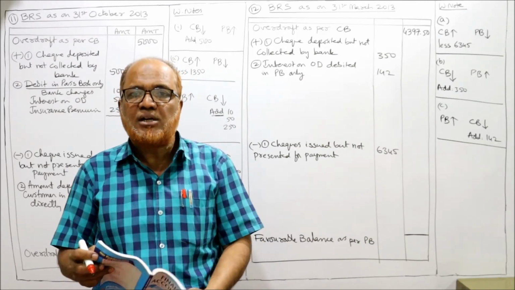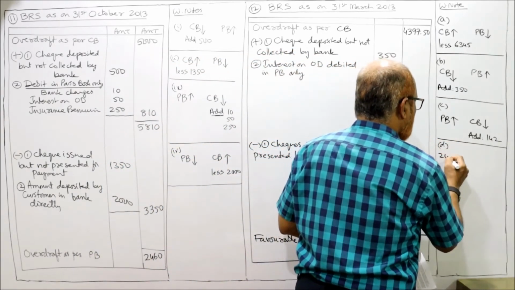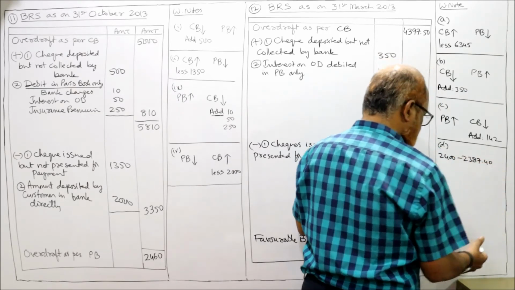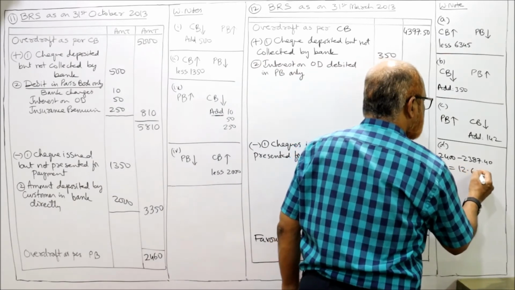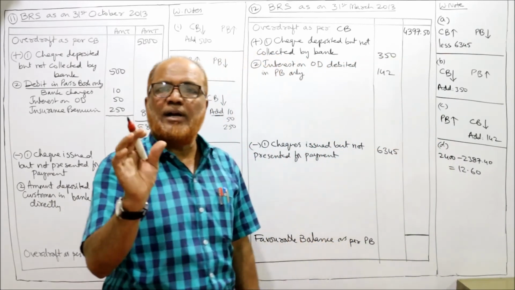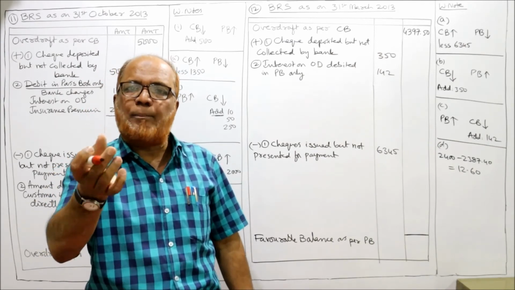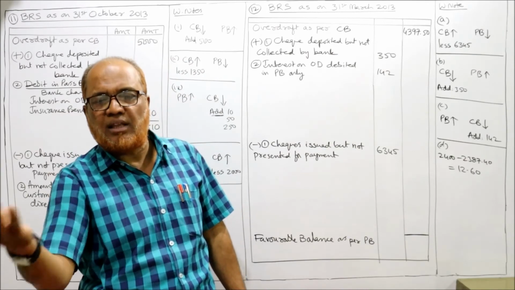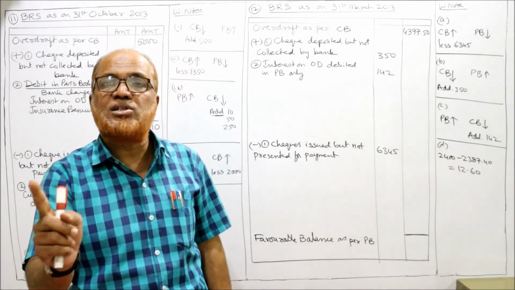So the difference is 12.6. 2,400 minus 2,387.40, the difference comes to 12.60. So this transaction is appearing in the cash book and also in the passbook, but the amounts are not the same.